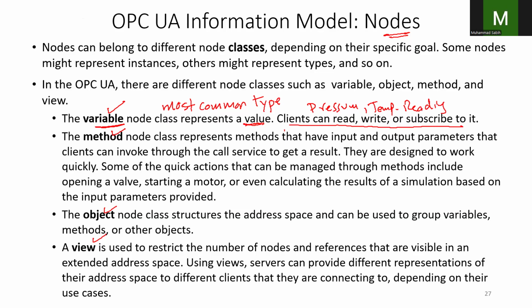The method nodes define methods, which are callable functions. Just like a function, they take input and provide output parameters, and are used for executing actions.